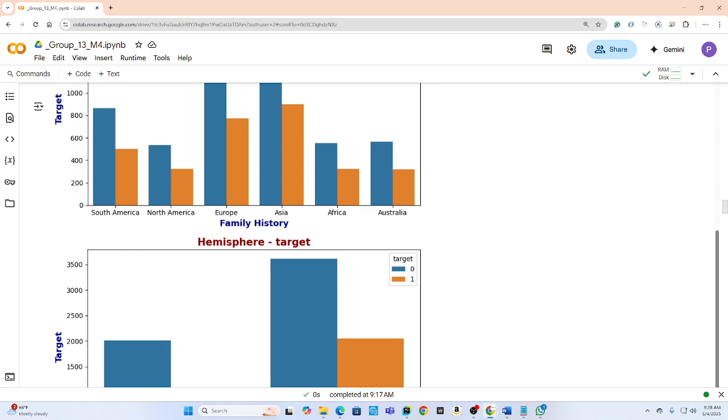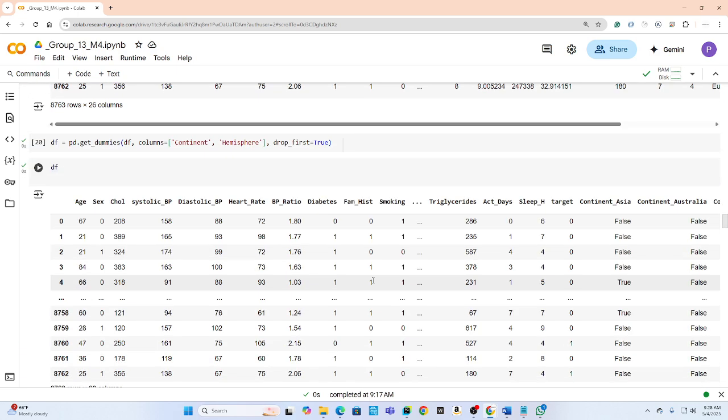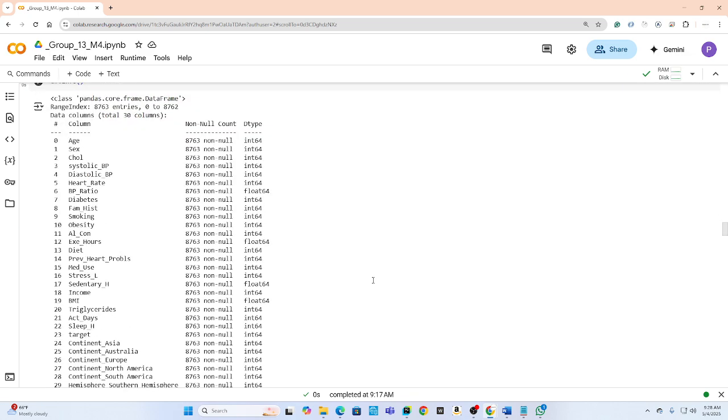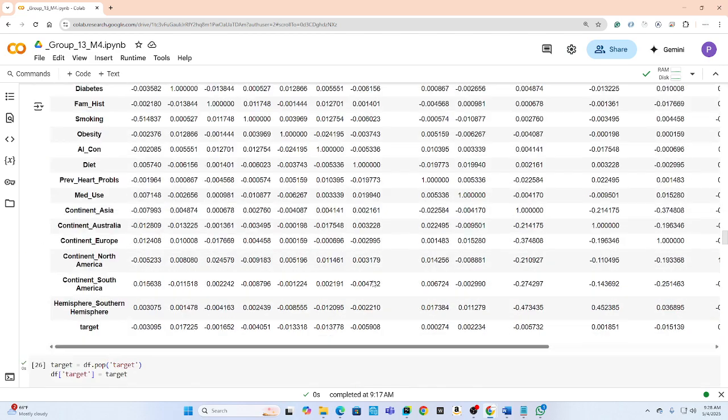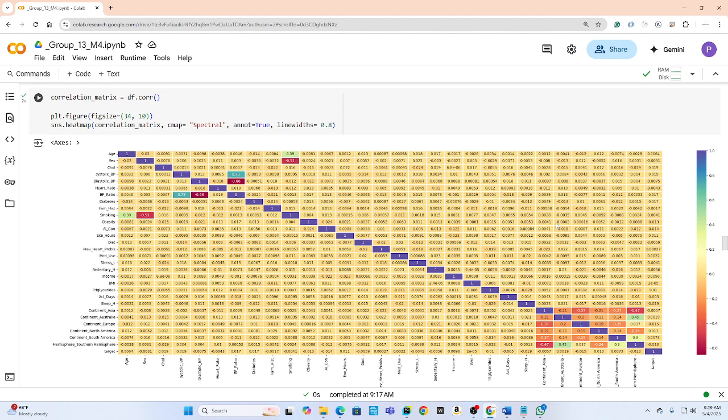Okay, so now we have to analyze our heat map to identify the outliers. Our heat map matrix shows how strongly each feature correlates with the others.